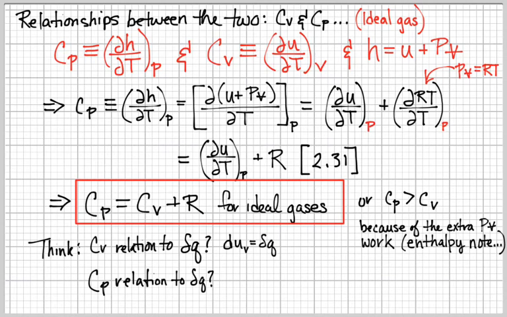Constant pressure is a different scenario where dH is going to be equal to dQ. And dH is equal to dQ because I brought in that pressure volume change into my definition of enthalpy. And so at constant pressure I can define heat exchange exactly relative to a change in enthalpy.